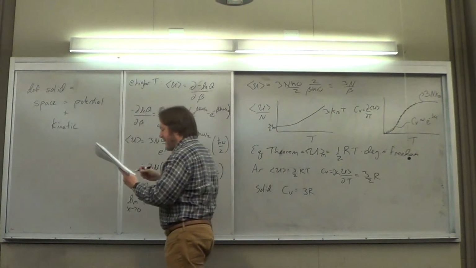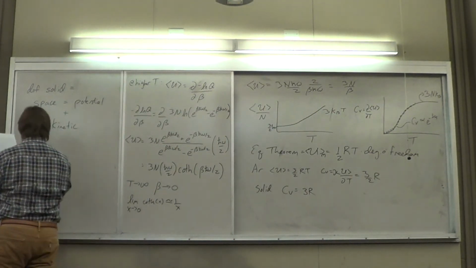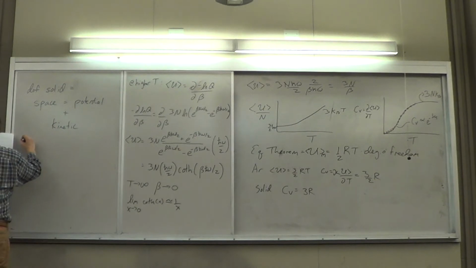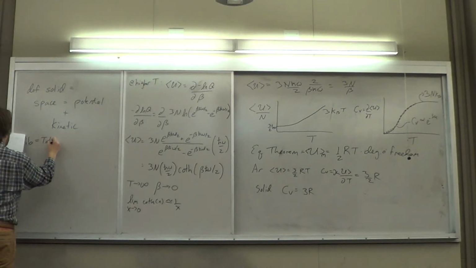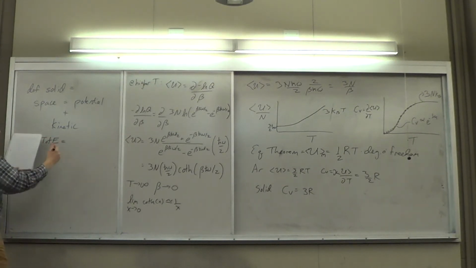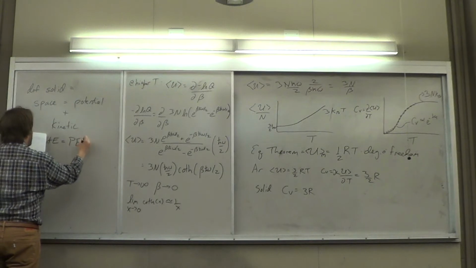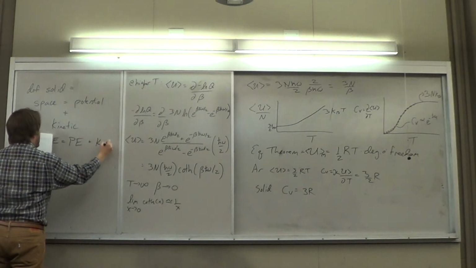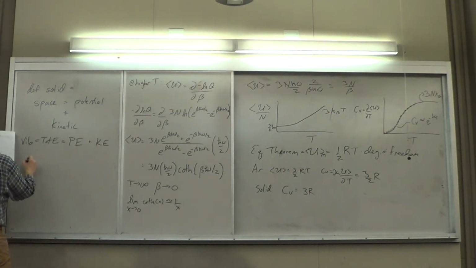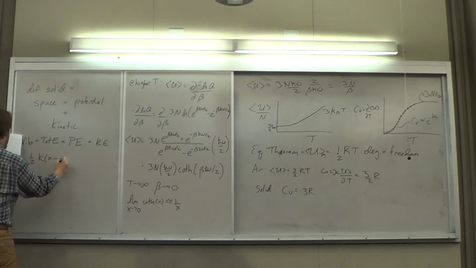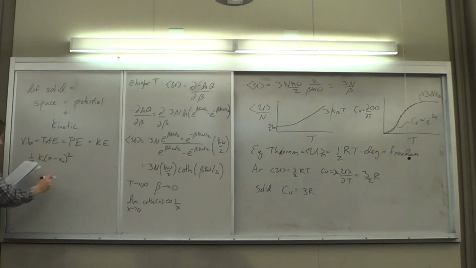It's nuanced. Let me make this a little more clear. The atoms do vibrate. It's just that the total energy is composed of 2 components: potential energy and kinetic energy. The potential energy part is 1/2 kx squared, where x is the displacement.